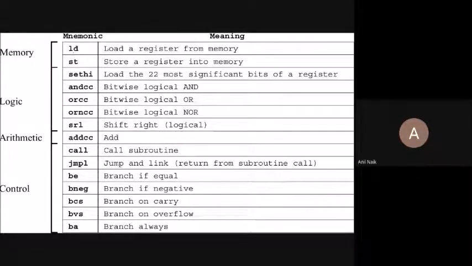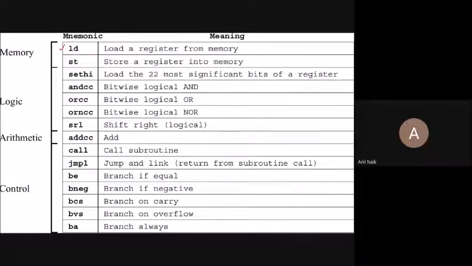Memory related instructions are load and store. These are only a few important instructions that we are discussing. In your syllabus, we are not studying the ARC assembly language instructions in depth, only a few important instructions of the ARC processor.